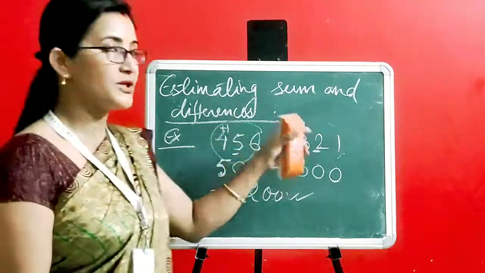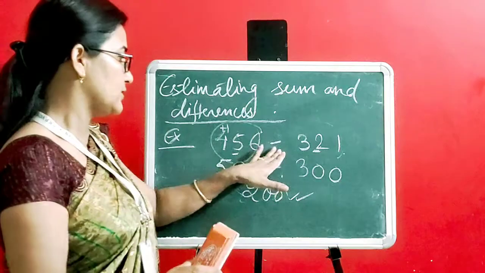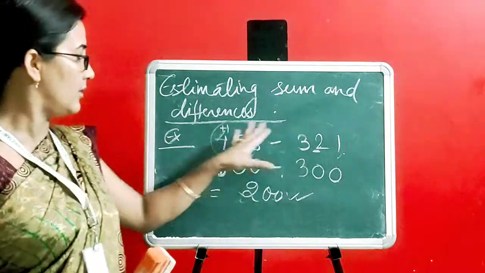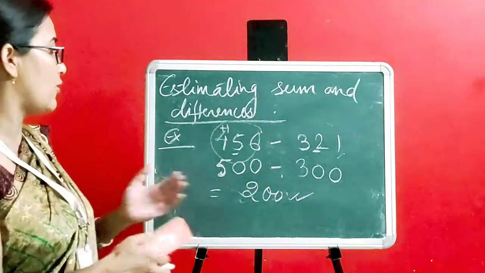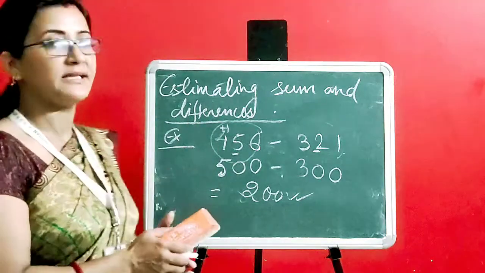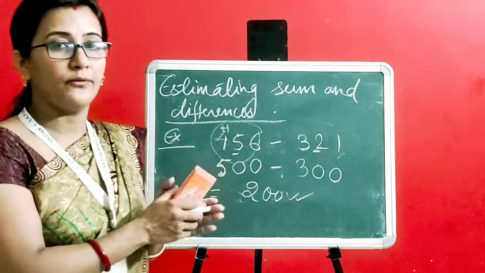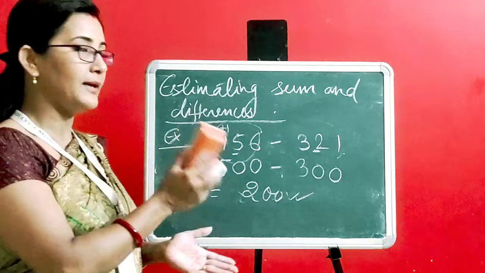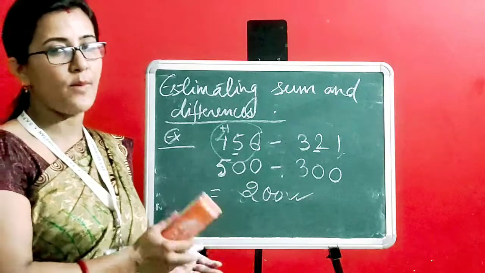If subtraction is there, meaning you have to find the difference, then only the sign changes. You just have to round the numbers according to the number of digits they have. Suppose they are 3-digit, then round to the nearest 100. If it is a 4-digit number, then you have to round to the nearest thousand by looking at the hundreds place. After that, you will calculate whether it is a sum or difference.